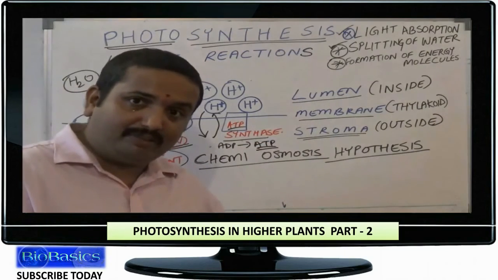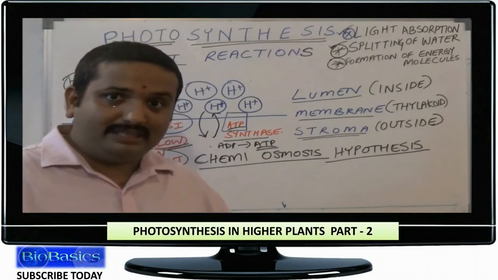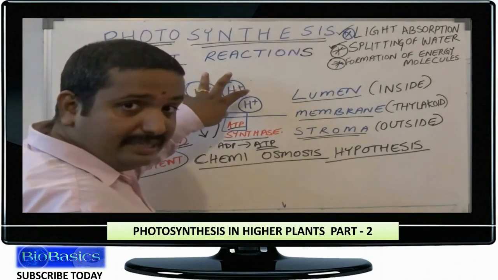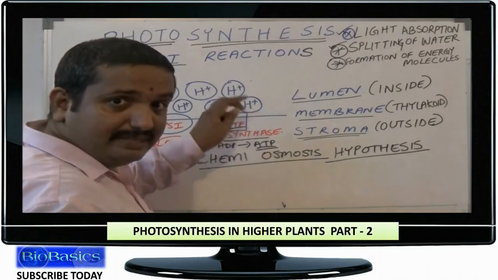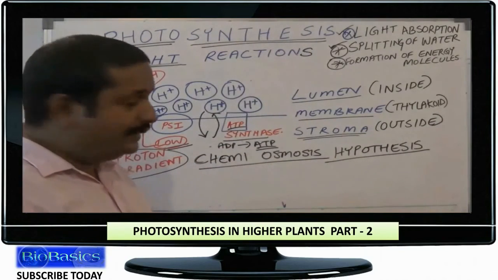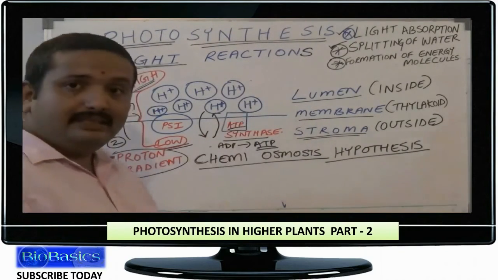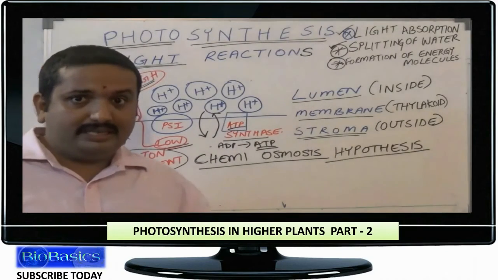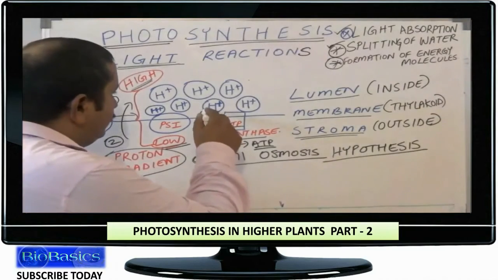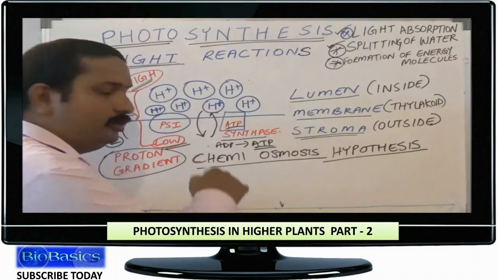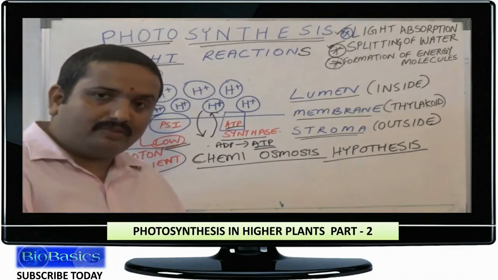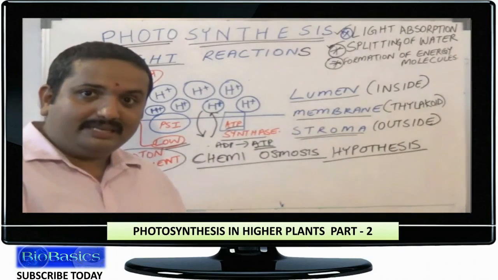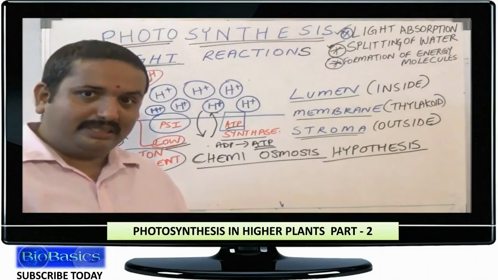But it will not generate it for free. It will generate it only if you give it enough protons. The protons which have accumulated in that particular area give it that energy when they are transported across the membrane. The ATP synthase enzyme will result in the synthesis of ATP. The movement of protons to and fro across the membrane due to the formation of a proton gradient results in the formation of an ATP molecule. That is one energy molecule.